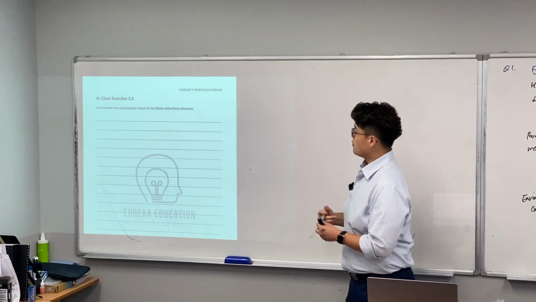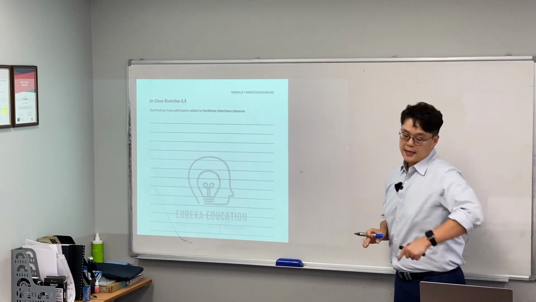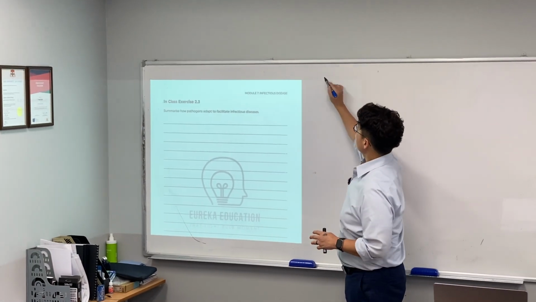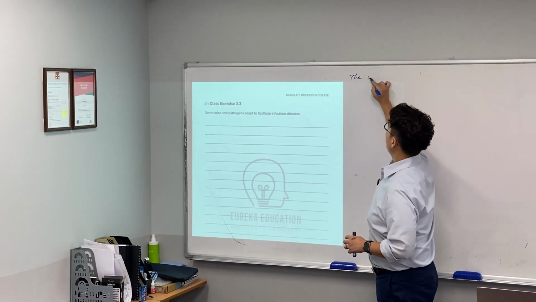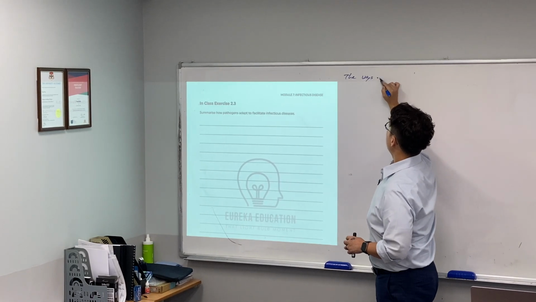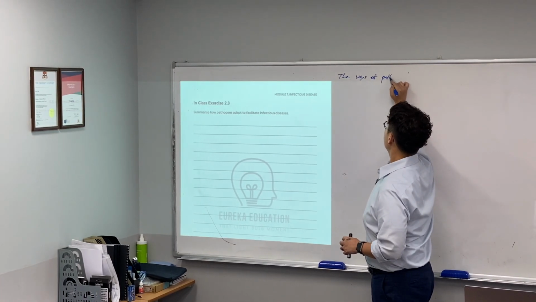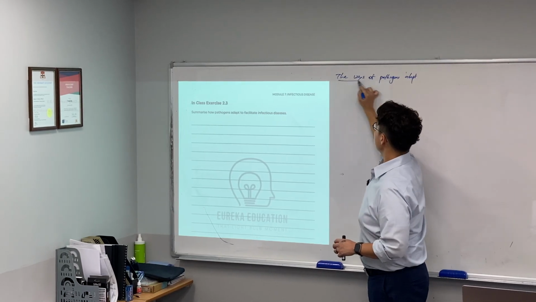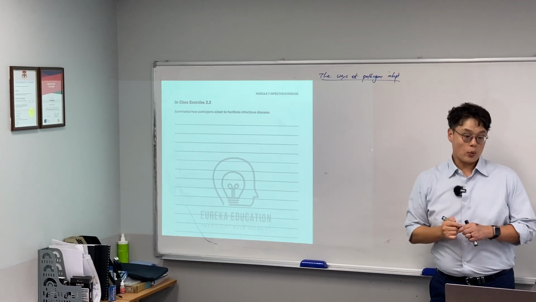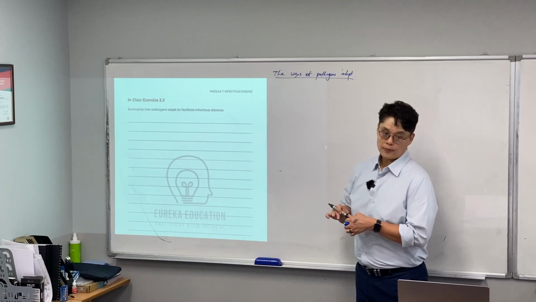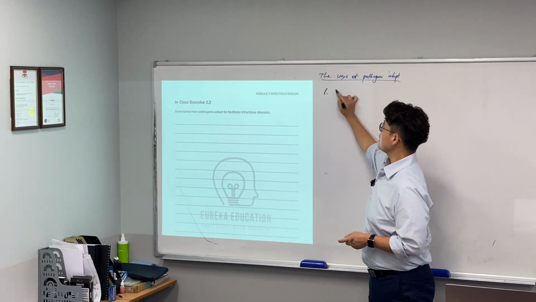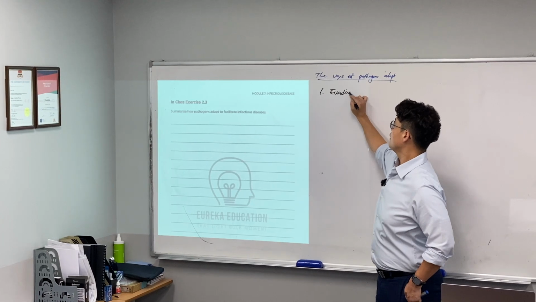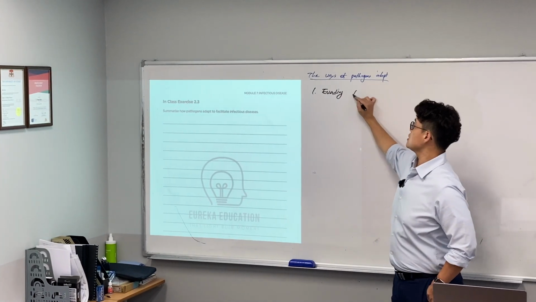But let's summarize how the pathogen can adapt first of all. The ways pathogens adapt: there are 6 ways we can think about here. First, they can evade the immune system.